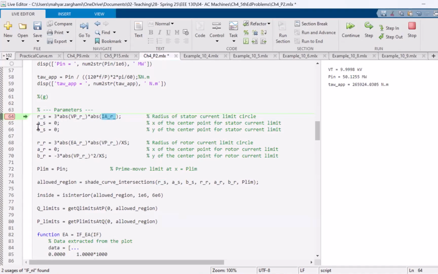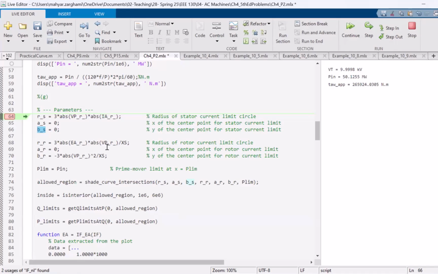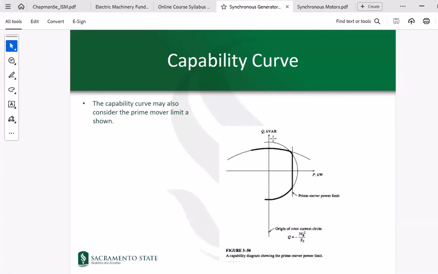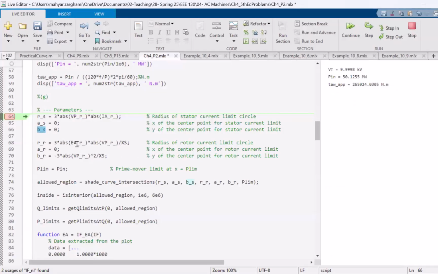Get the absolute values. And the centers, X and Y of the center, are zeros, right? This is the first circle. For the second circle, the radius is 3 times EA V phi over XS.